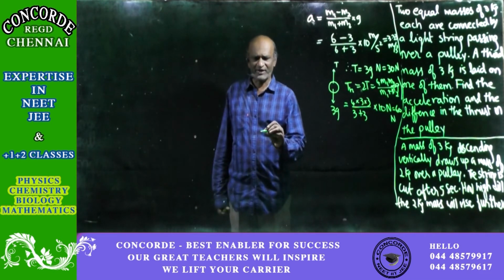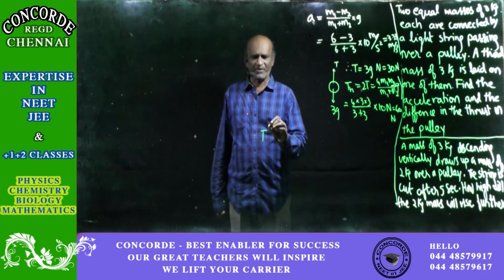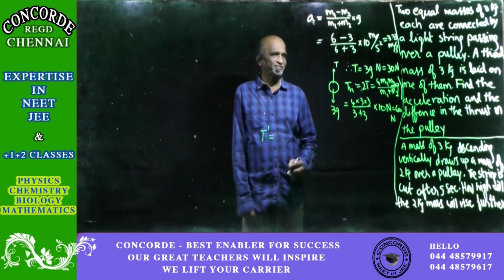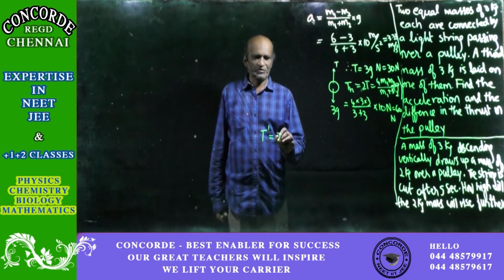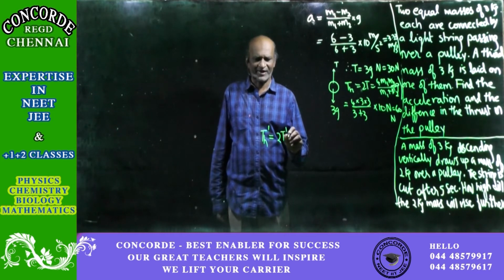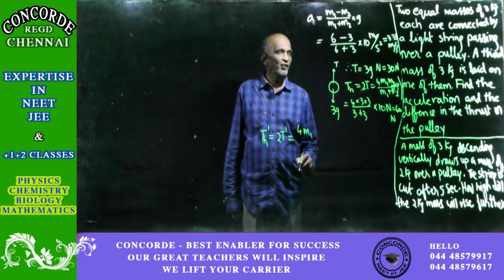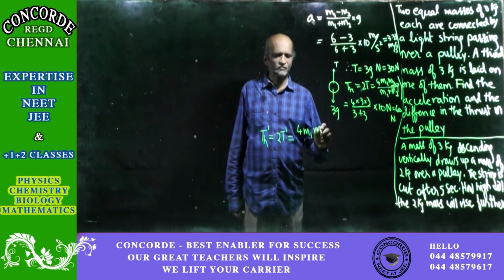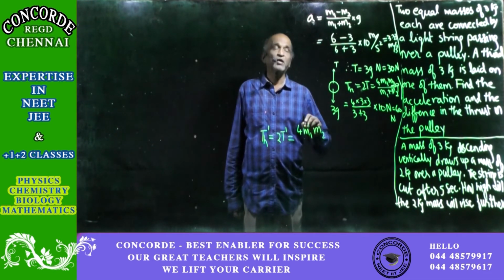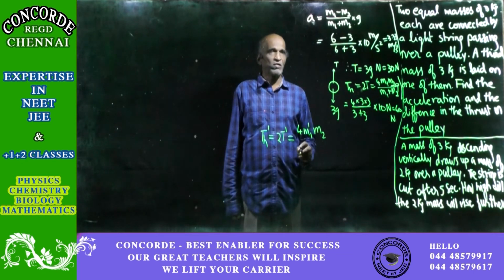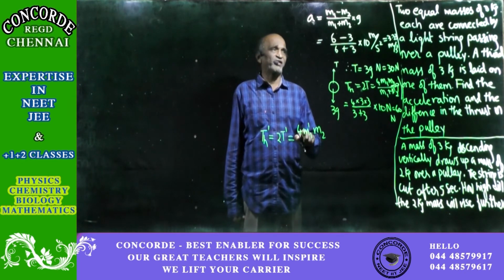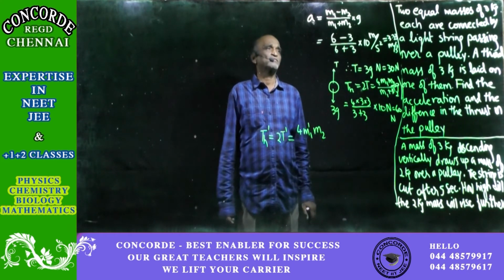To find out the final tension, we will call it T dash, which is equal to 2T dash, which will be equal to 4 m1 m2. Now m2 will be the same. For m1, 3 plus another 3 kg added, so it will be 6 kg now.